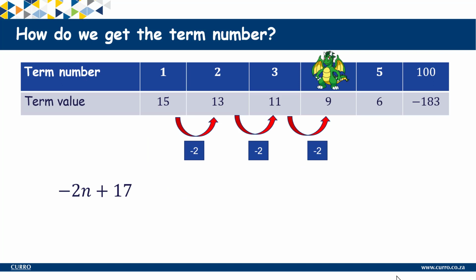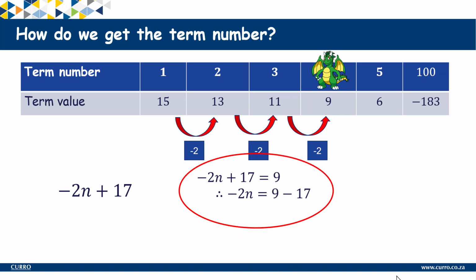So in order to get the term value, we used our expression, negative 2n plus 17, and we substituted the term numbers for n. In order to get the term number, we use an equation. And we have to solve the equation. So negative 2n is then 9 minus 17. We use the additive inverse of 17.